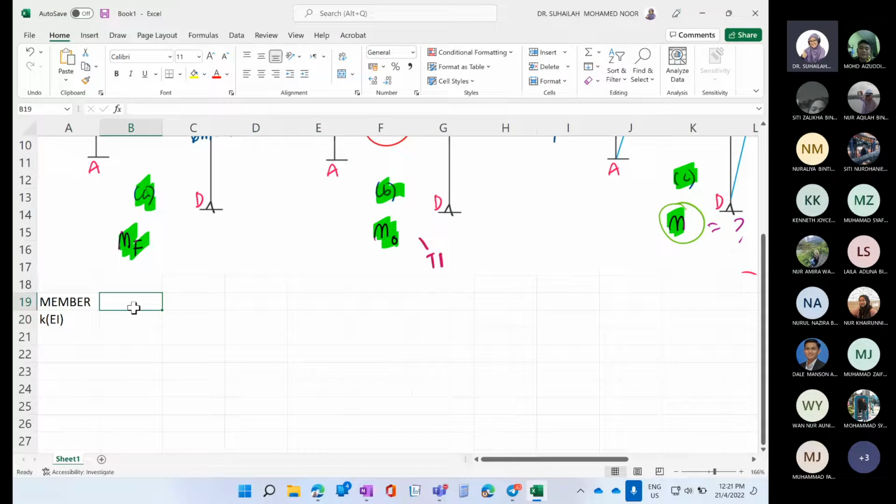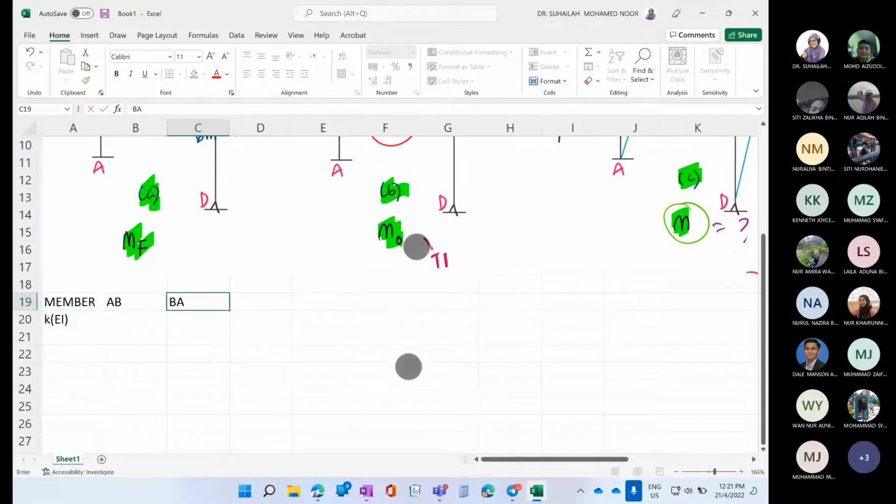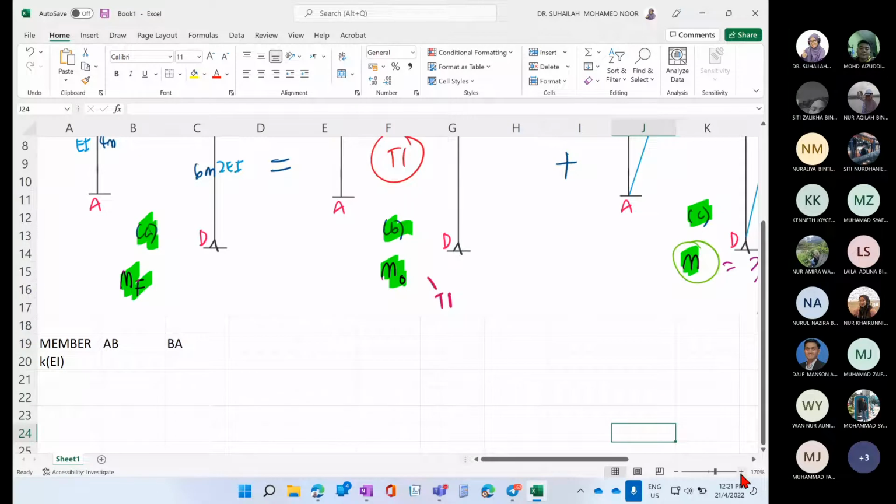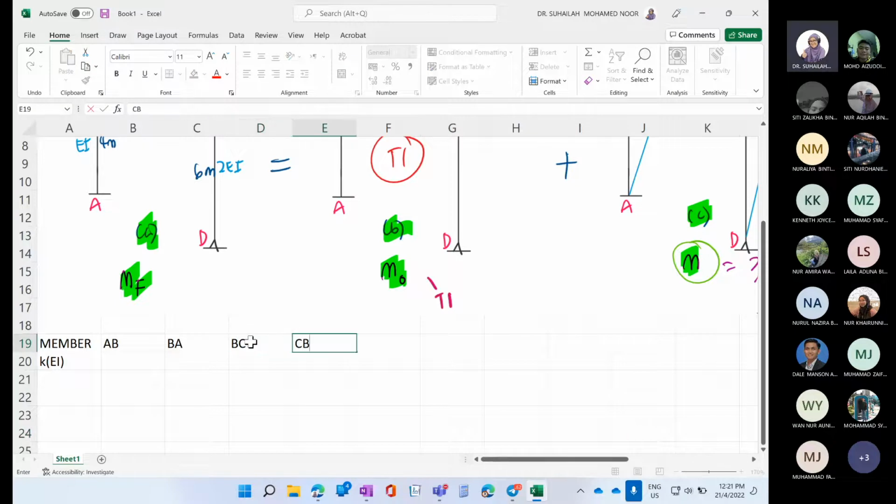We have three members, meaning we have six ends. Start with AB, BA, BC, and then CB, and then CD, and then DC.